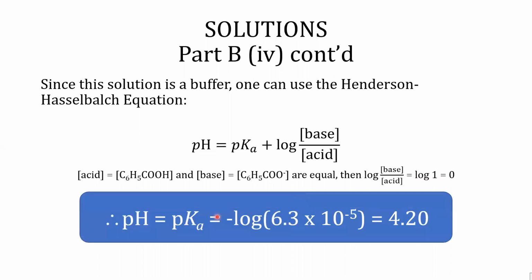Therefore, pH equals pKa, or the negative log of 6.3 times 10 to the minus 5, which equals 4.20.